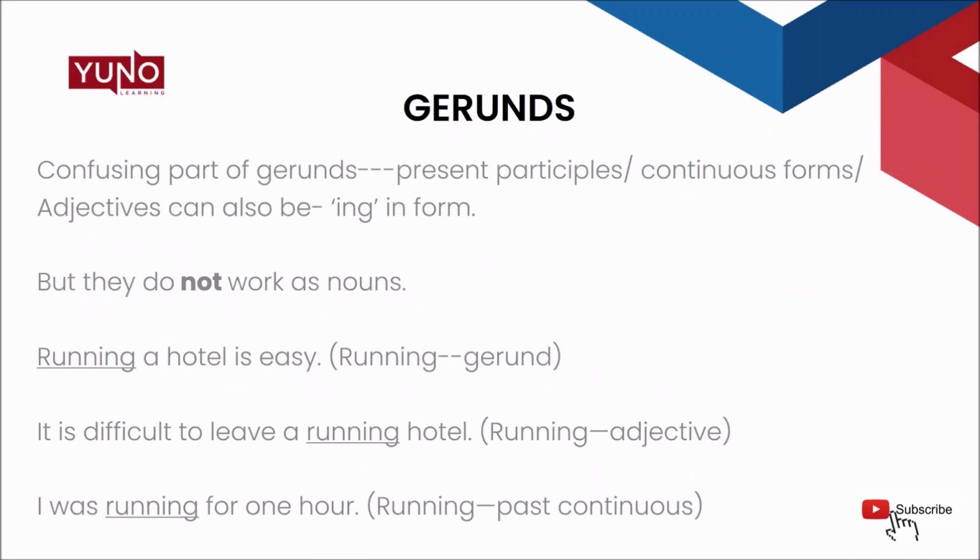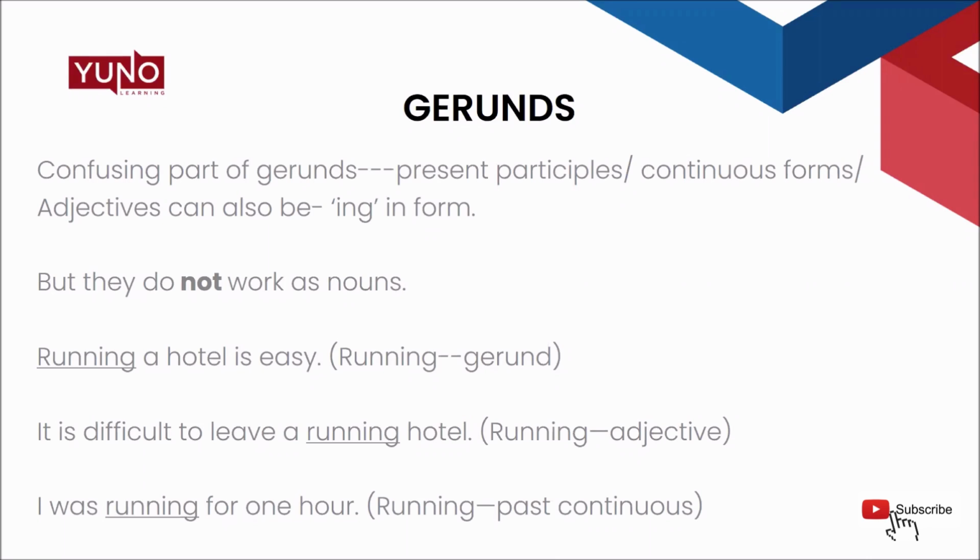Now, the most confusing thing about gerunds is that gerunds are not the only words in the English language which end with ing. The continuous forms of the verb, that is the past continuous, the present continuous, or the future continuous, all of them end with ing. The present participles end with ing, and sometimes even adjectives end with ing.